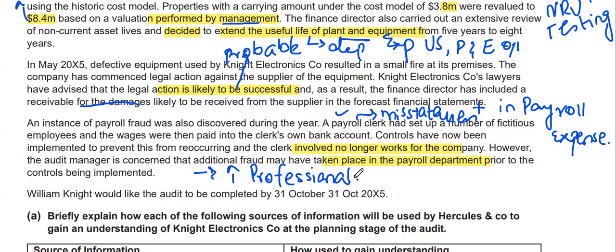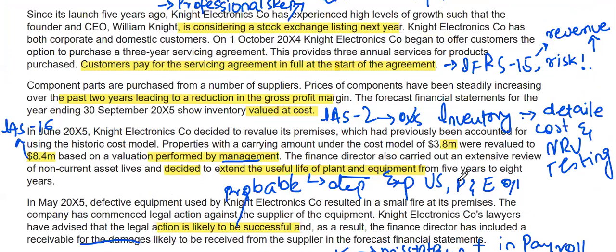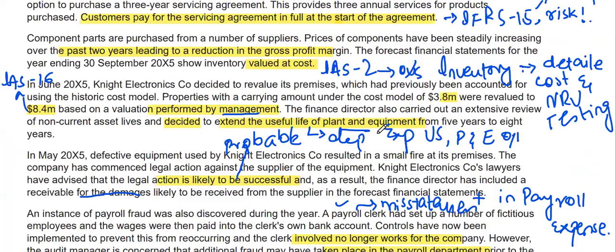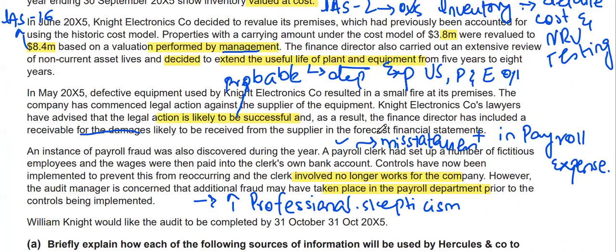The professional skepticism response will get you marks only in the payroll fraud risk, and in one other risk, the stock exchange listing.